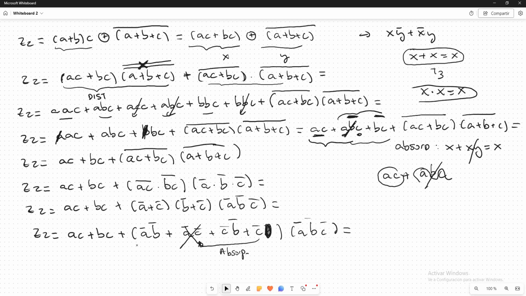And now I think it's all. We can absorb this term as well because we have here C negated. So we have AC plus BC. I told you that the absorption law is really powerful.